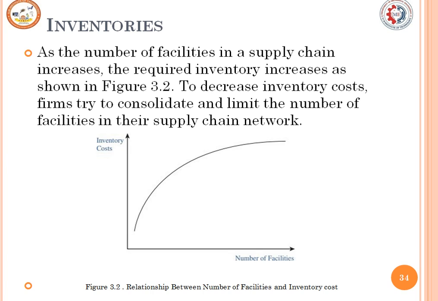To decrease inventory cost, the number of facilities in the supply chain has to be limited. This graph indicates that when facilities are fewer, inventory costs are lower. After some point, even if the number of facilities is more, the inventory cost remains at a constant value.